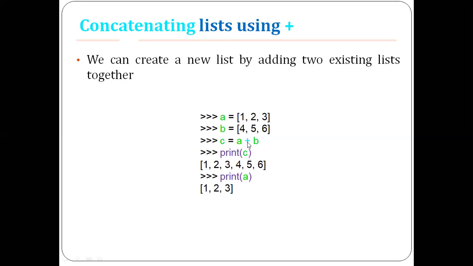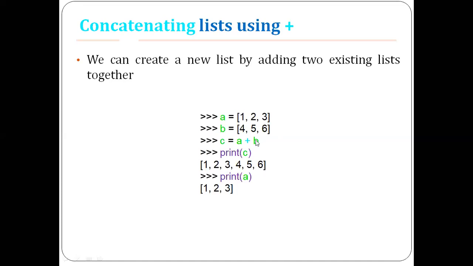C is equal to A plus B. It is nothing but the concatenation of A and B. Then the output appears like 1, 2, 3, and 4, 5, 6, because we are concatenating A and B.